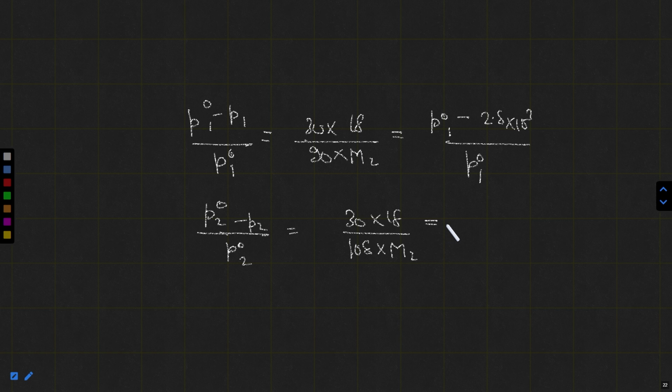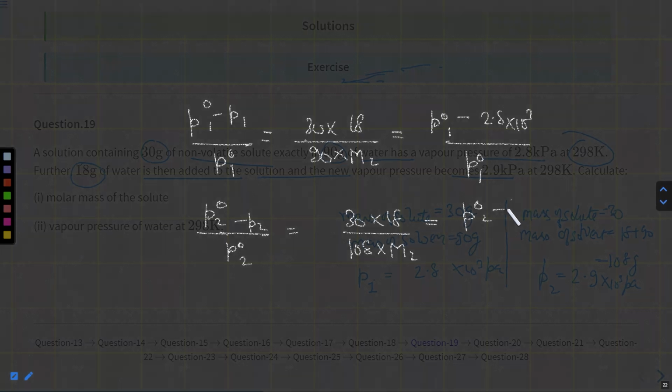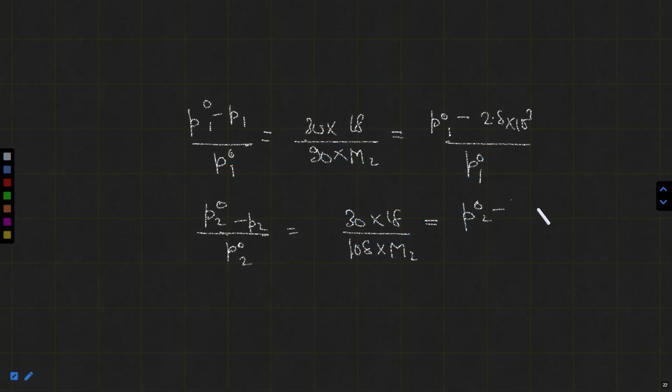Now we will just put these values here. P02 minus, what is the value of P2? It is 2.9 into 10 to the power 3 by P02. Now we know that P1 is equal to P01 x1. Okay, so we know this formula.